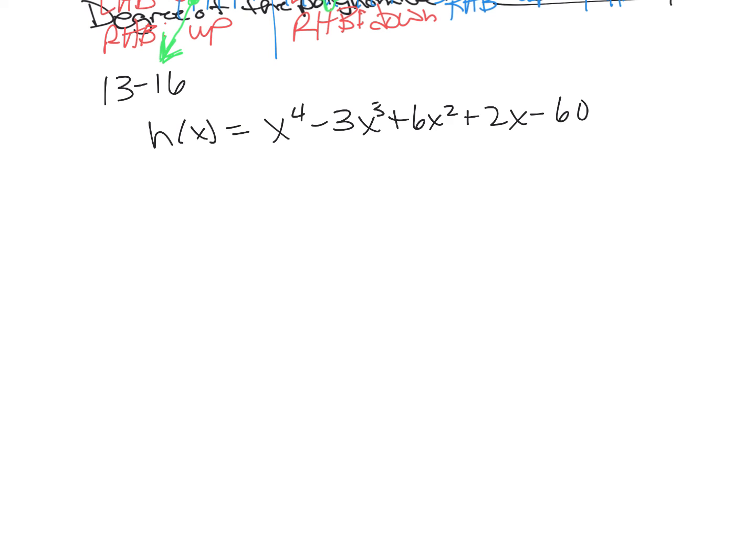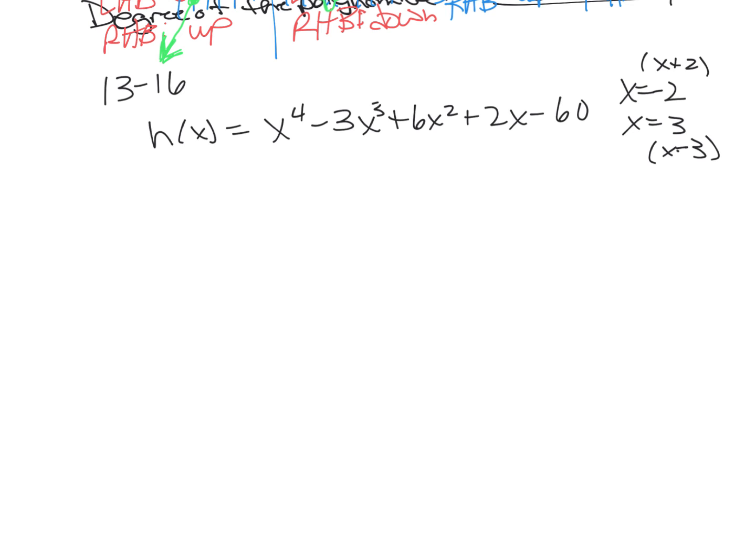And you could check in your graphing calculator, where does it cross the x-axis? You're going to find it crosses the x-axis at -2 and at 3. So remember, that comes from x plus 2 and x minus 3 as my binomials, okay?